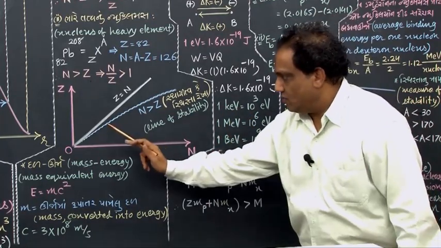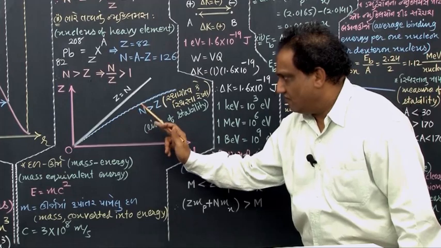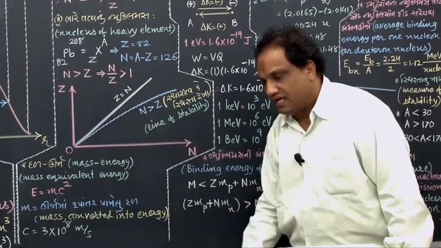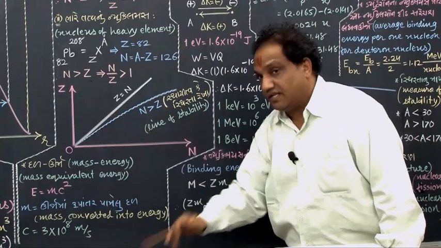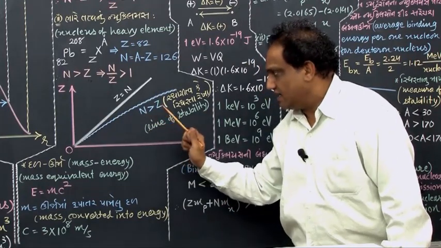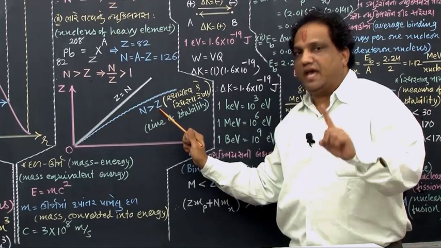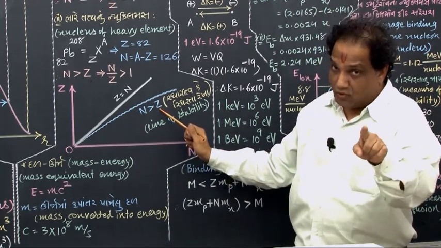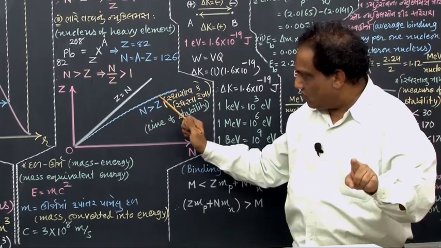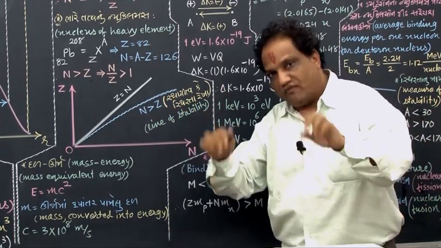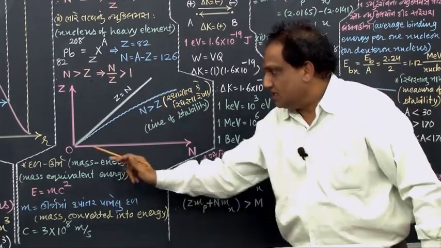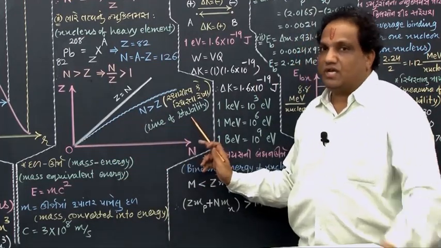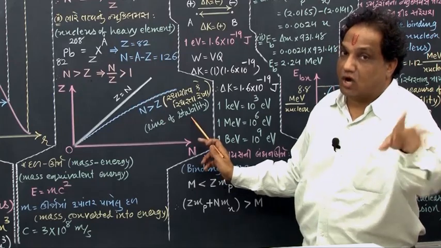And then when you take points here, for such points the x coordinate is more than the y coordinate, that is N is greater than Z. That's why I am writing N greater than Z. Correct? And because the positions of stable nuclei are found to be on this curve or very close to that curve, this entire curve is known as the line of stability, or sometimes we call it the stability curve.